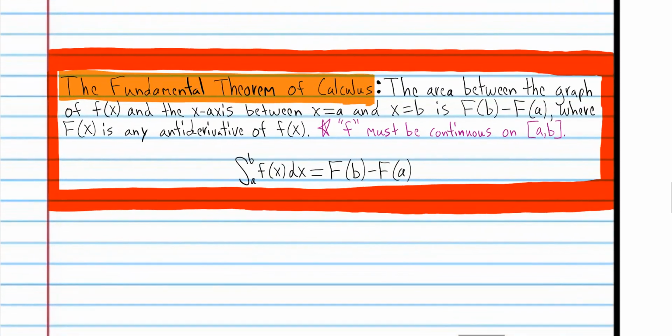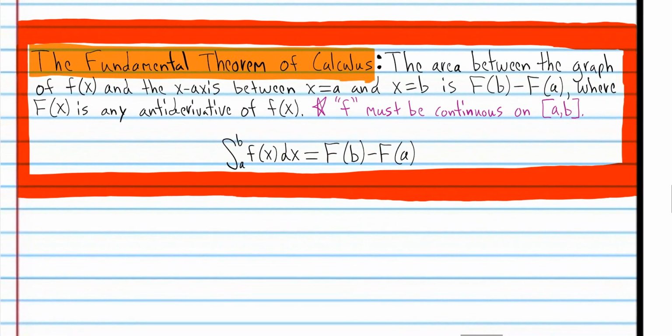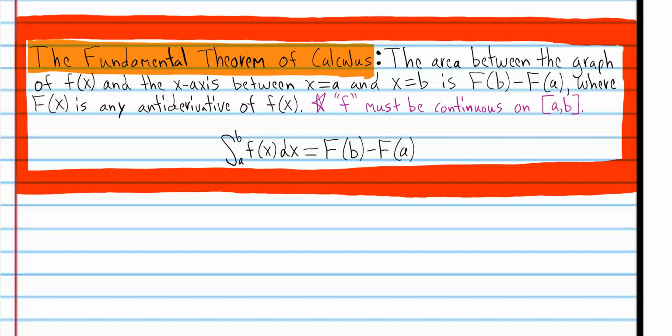So here's the fundamental theorem of calculus stated in a formal way. We have this expression we just learned. What is this expression? This is the area between the x-axis and the graph of f of x between these two x values. That's the area. That's the notation we're going to use for the area under a curve from now on.